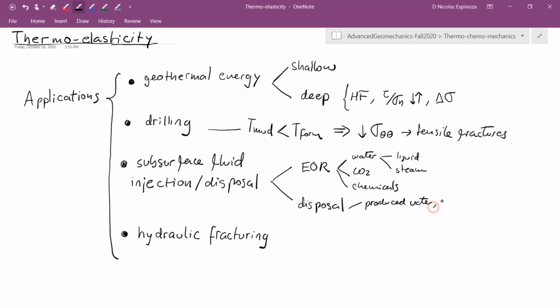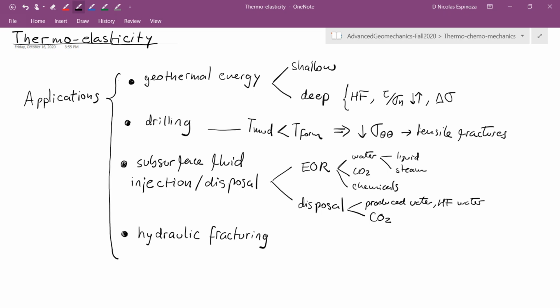And also the injection of some other fluids like carbon dioxide for environmental purposes. Again, in these processes, if the temperature of the injectant is different than the temperature of the formation, you may expect changes of stresses and strains due to this temperature coupling.